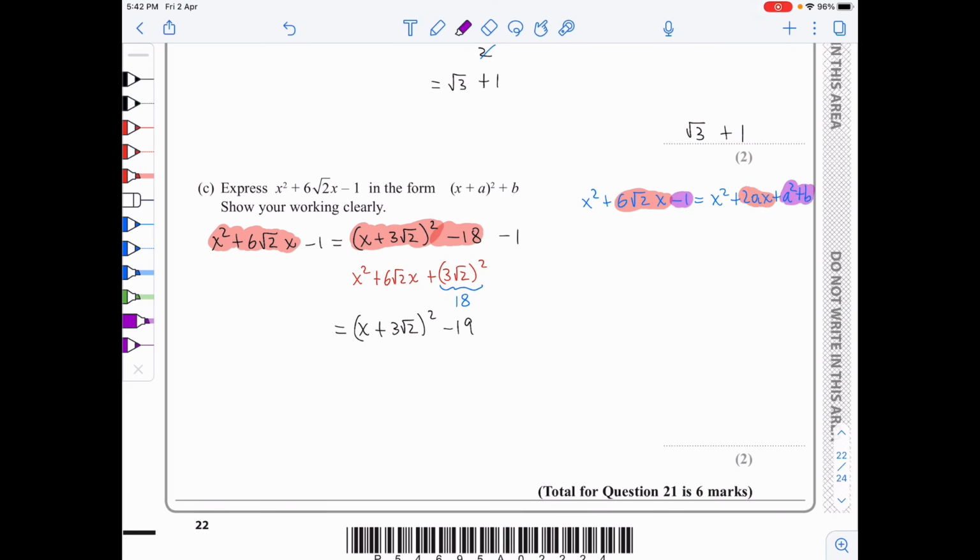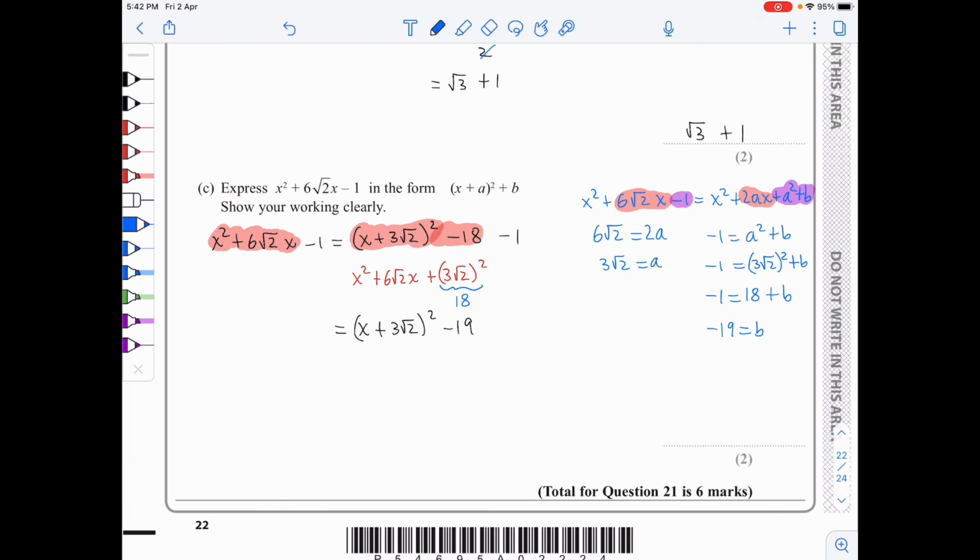a squared plus b. So we have 6 root 2 is 2a, which leads to 3 root 2 being a, and then minus 1 being a squared plus b, but we know that a is 3 root 2, so minus 1 is 18 plus b, which confirms what we have already found before, namely that b is minus 19.